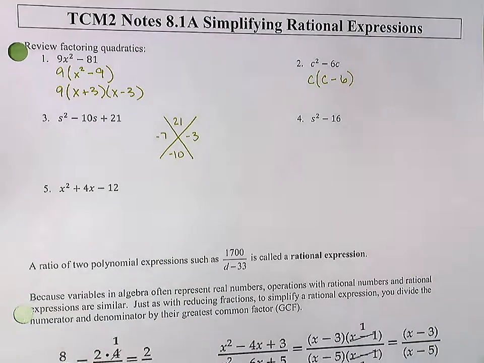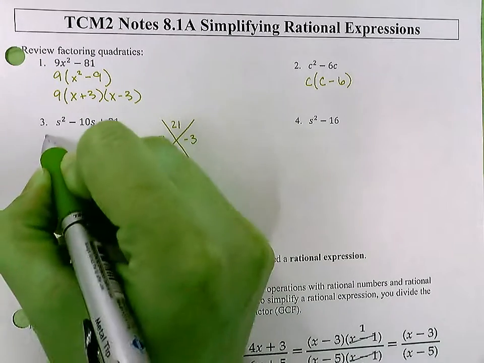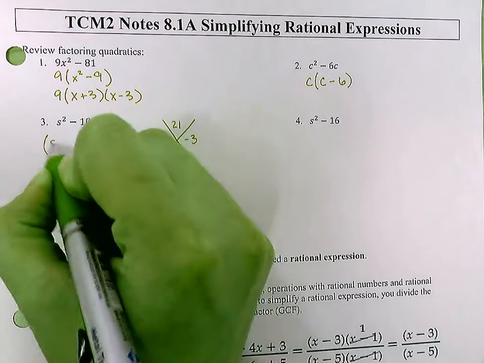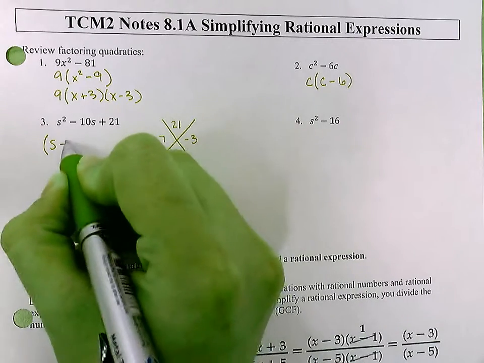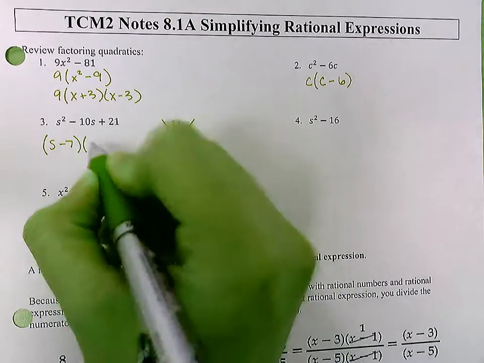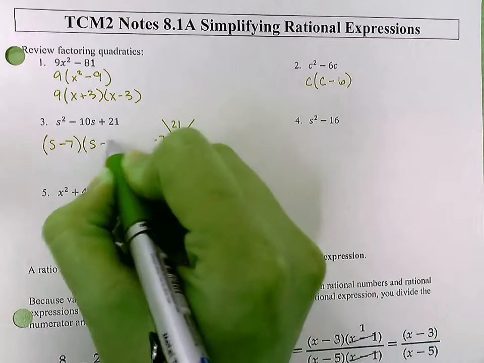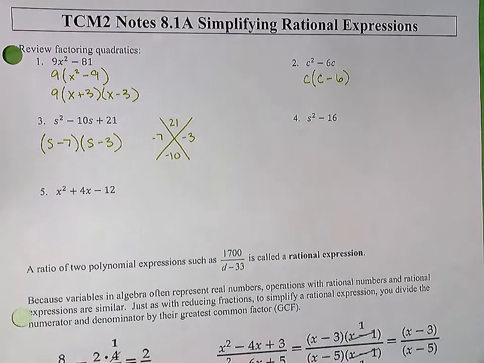So we have negative 7 and negative 3. If I multiply those two together, I get 21. If I add them together, I get negative 10. So to factor over here, we have s minus 7 times s minus 3. And that would be your factored form for number 3.